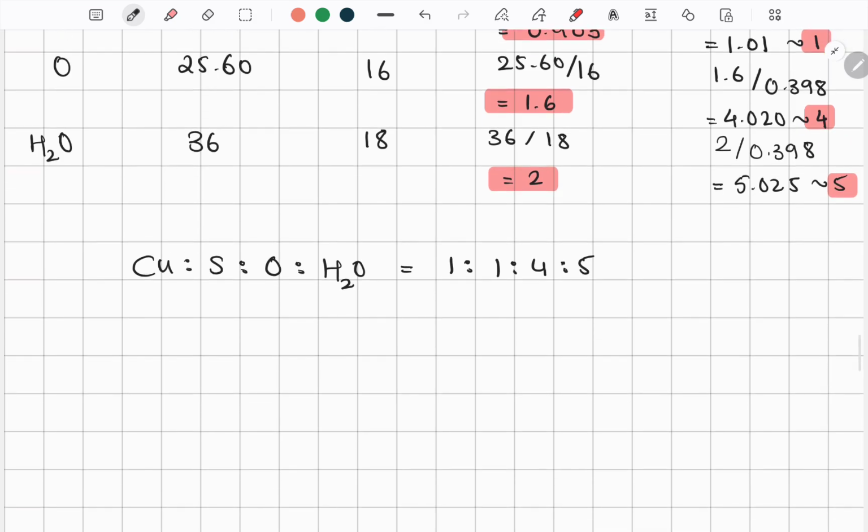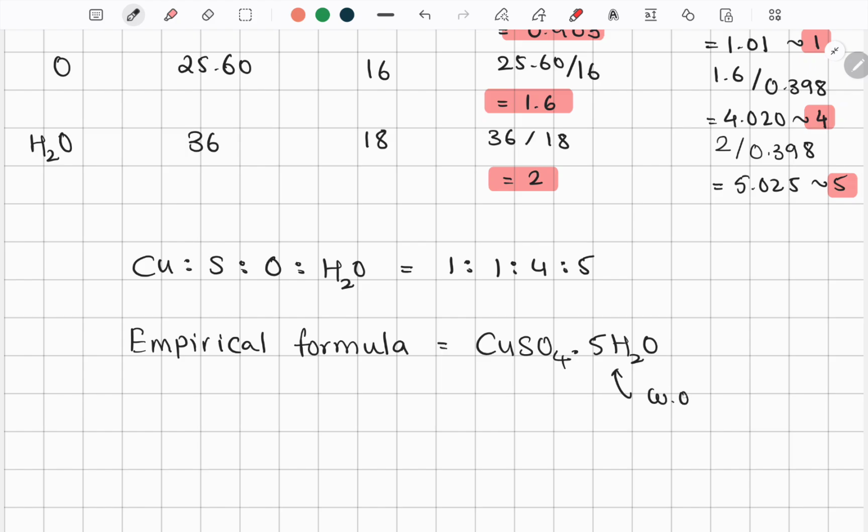That means I can write down my empirical formula as CuSO4.5H2O. This 5H2O is my water of crystallization and this is my salt. Together this is my hydrated salt.